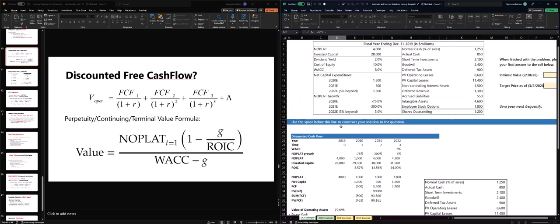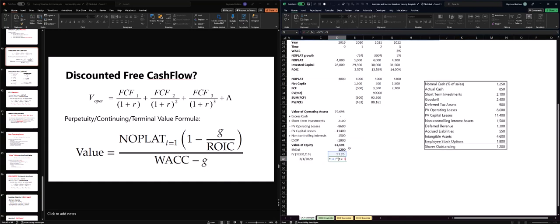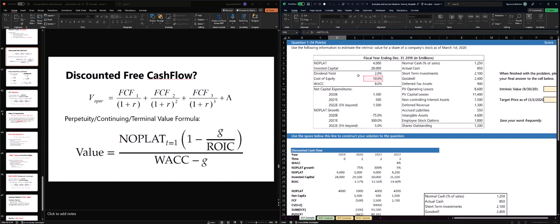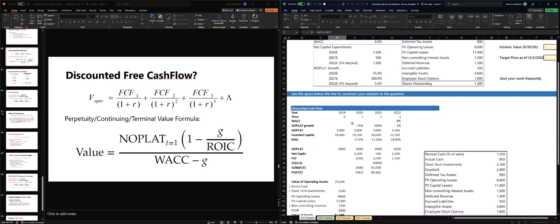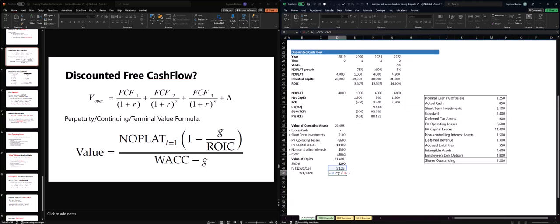So you grow it by the cost of equity, which is 10%. And then, since you're giving out dividends, you also want to incorporate that, 2%. And this is basically your growth, right? You take out the dividend from the retention ratio. So what's left is the retention.